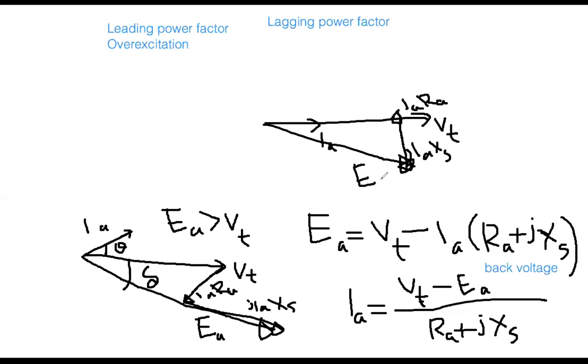So therefore, in this case, you see that resistance is pretty negligible in a synchronous generator or motor, a very small value. So this drop is not that much. So VT and EA will be pretty much close, very close, nearby. So that's why in the unity power factor case, it is called the normal excitation.